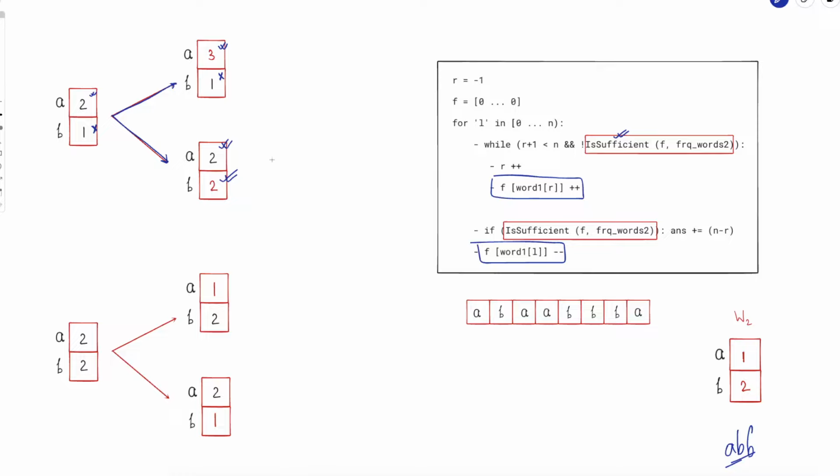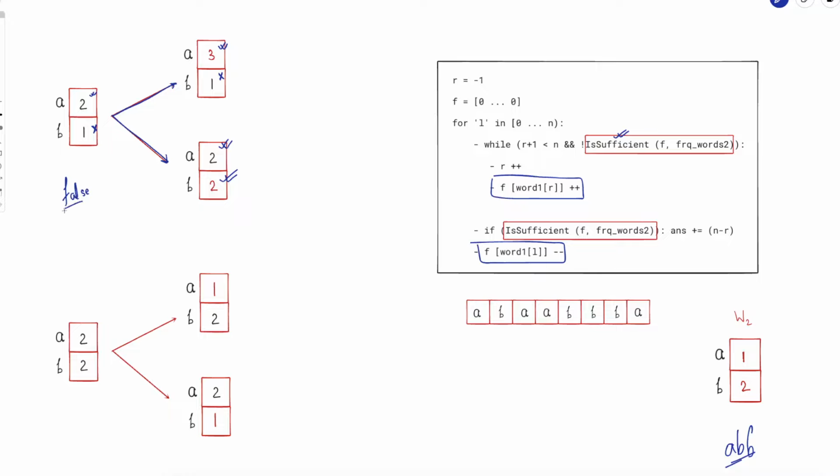So if at any point everything changed to satisfied, then you will change the value of IsSufficient. In that case, IsSufficient will return true. Otherwise, IsSufficient will return false. Right? Now, if you think about it, you can't simply maintain one false or true variable, right? In this case, IsSufficient was false.